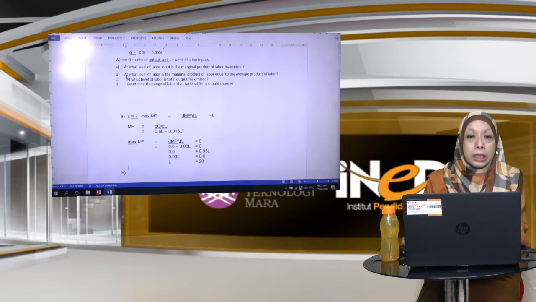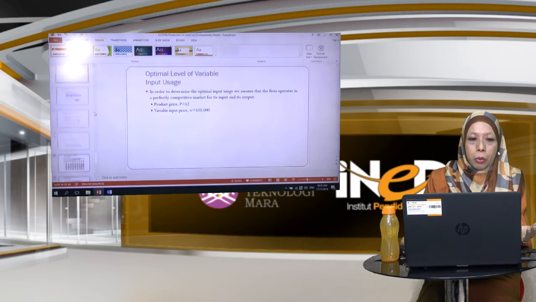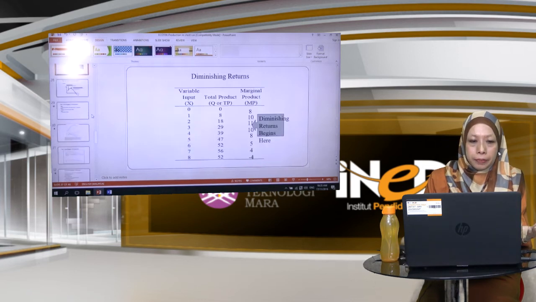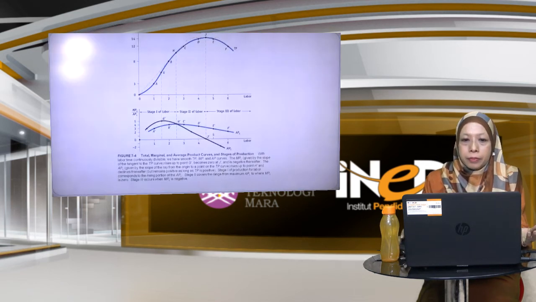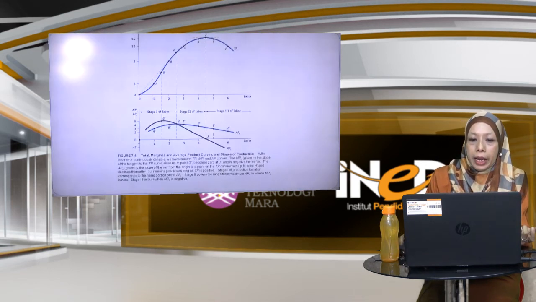Now let's proceed to question number 2. It says here, at what level of labor is marginal product of labor equal to the average product of labor? If we go back to our stages of production, as you can see here, when average product equals marginal product, that happens at the point where average product is maximized, isn't it?